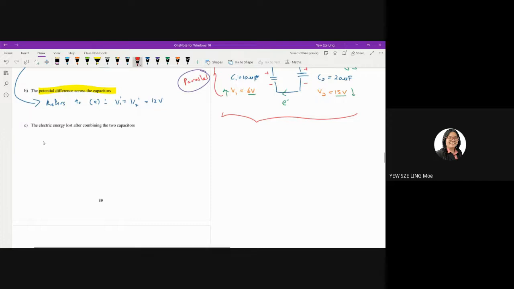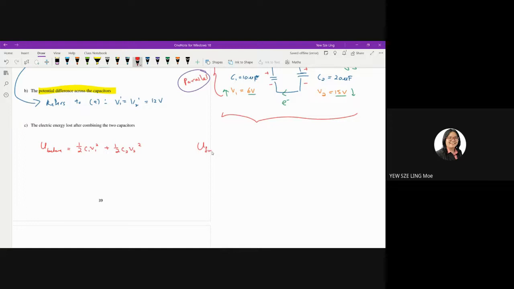So how? Well, by calculating the total energy before you connect them together and the total energy after you connect them together. So U before is equal to 1 over 2 C1 V1 square, using the initial values, plus 1 over 2 C2 V2 square.